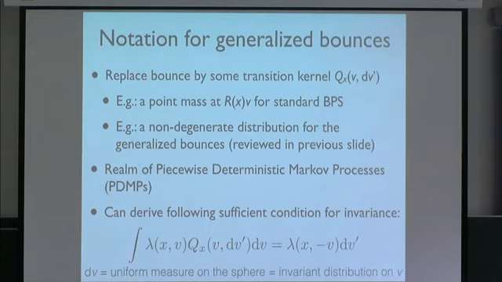So if you keep the same rate at which things occur, and the piecewise linear dynamics, there are sufficient conditions for invariance, so that your distribution on bounces is correct. Physicists have known this for a while: you need to satisfy what you can think of as a skew-symmetric equation, where dV is the invariant distribution on V, so in some cases it's multivariate normal, sometimes it's uniform on a sphere, and so on.